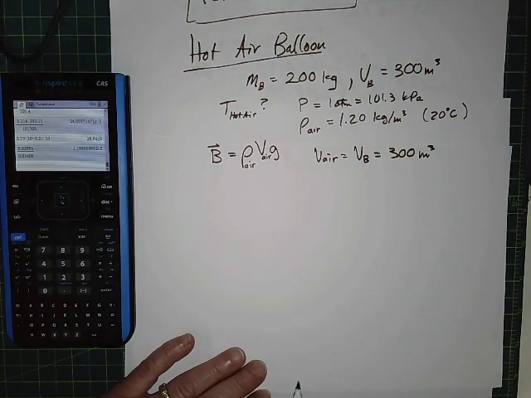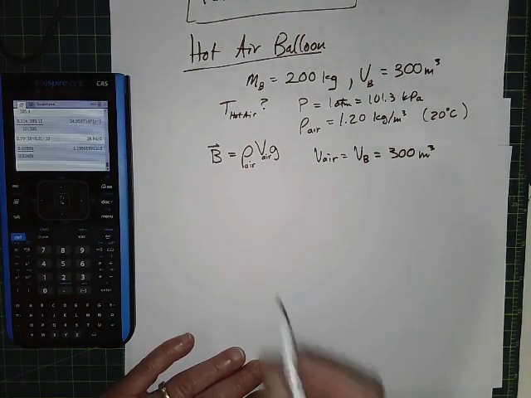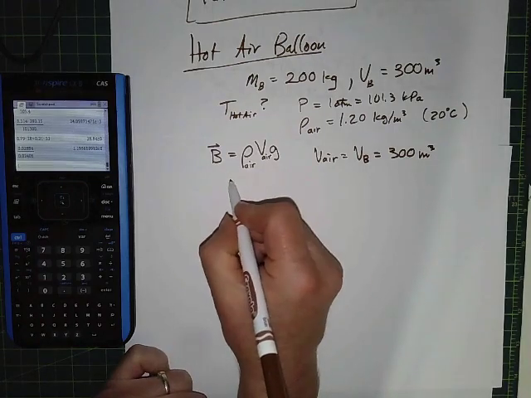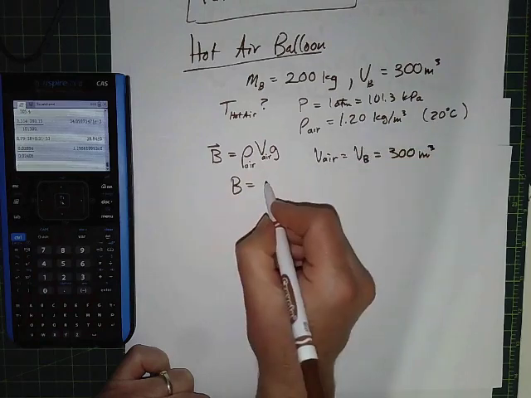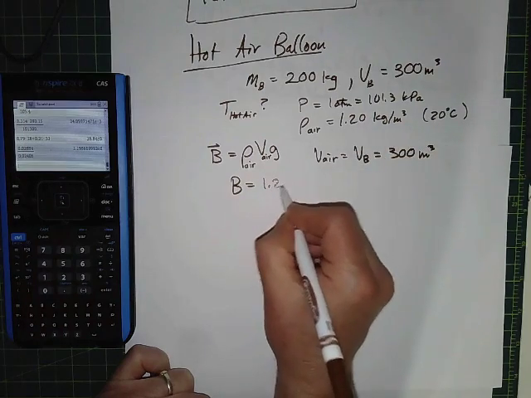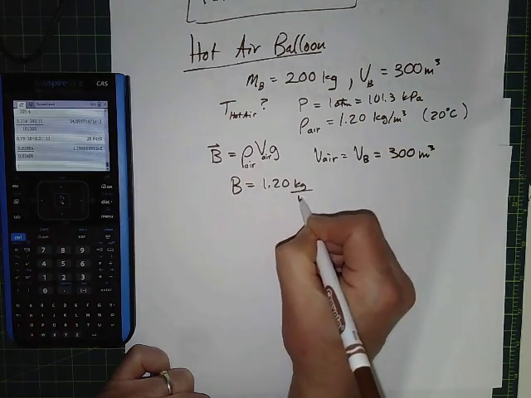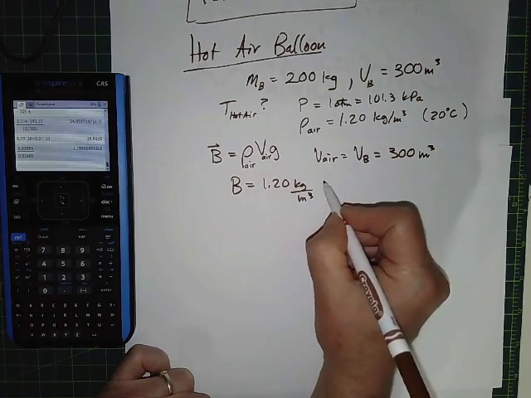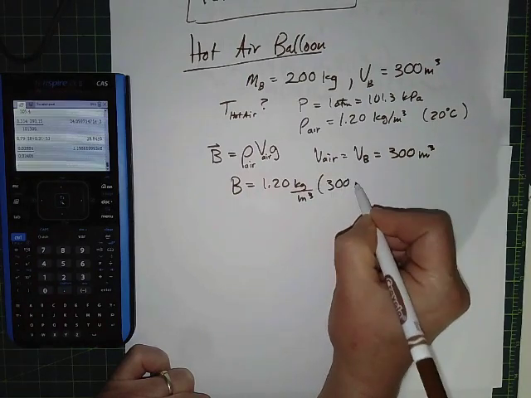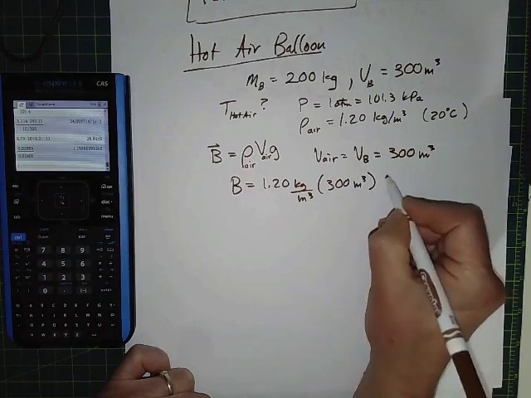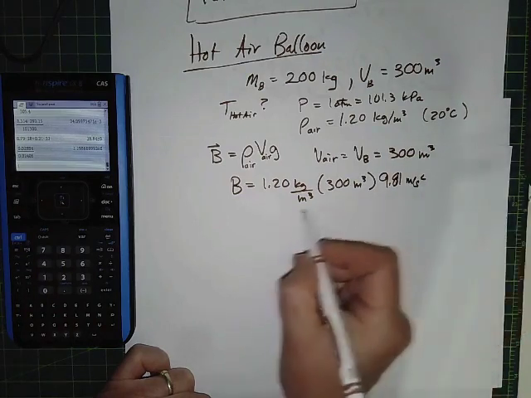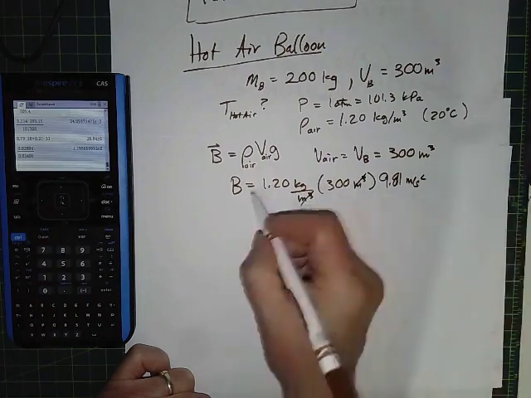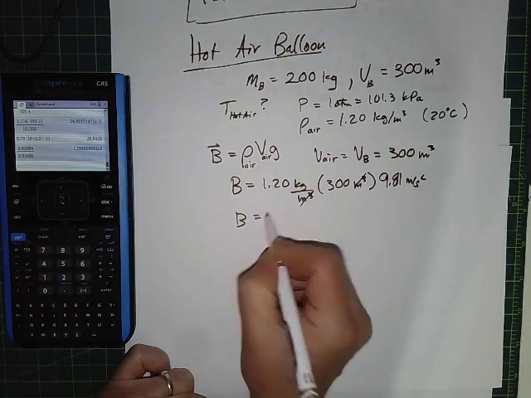All right. And so we can calculate the buoyant force then as B is going to be this density of the air that's displaced, 1.20 kilograms per cubic meter, times the volume of air, 300 cubic meters, and then g, 9.81 meters per second squared. So we're going to end up with newtons, which is a good thing.